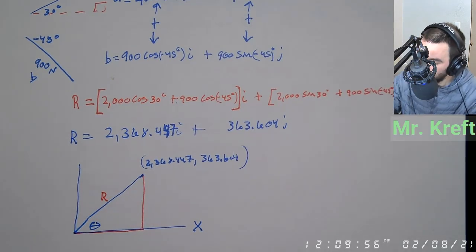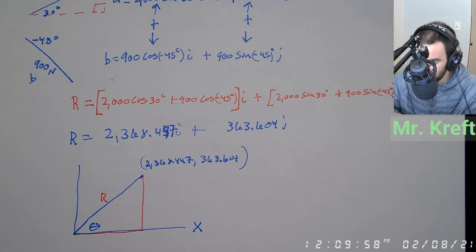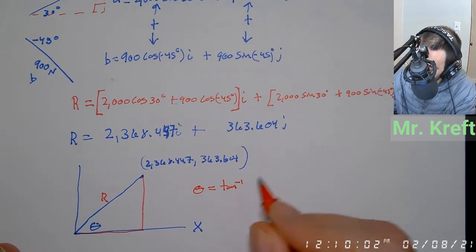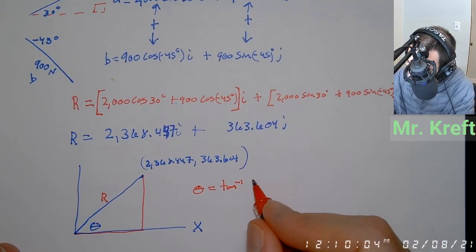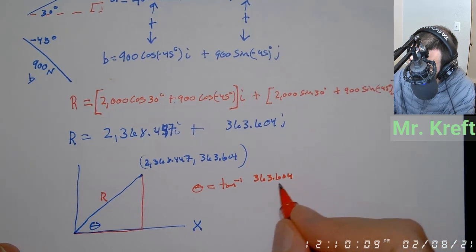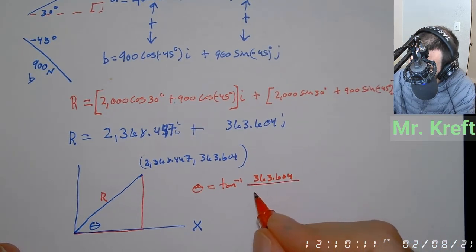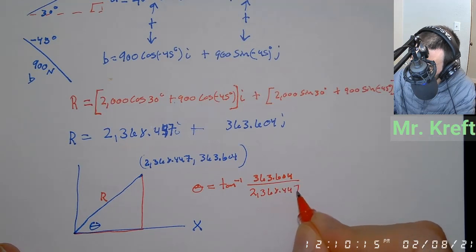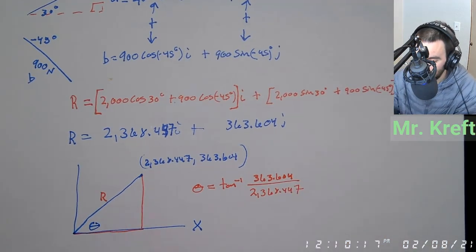Okay. So to do that, to find theta, theta is going to be tangent inverse of sine, so 363.604 over 2,368.447, right? So I'm going to find that.